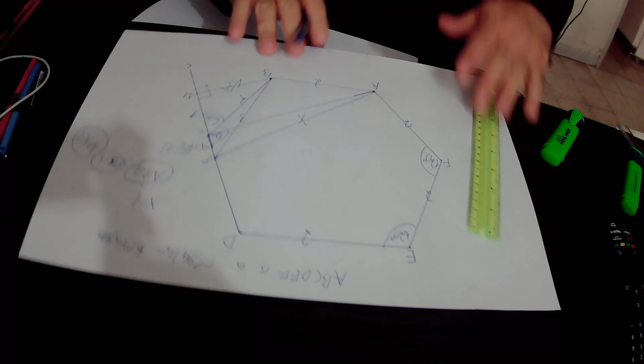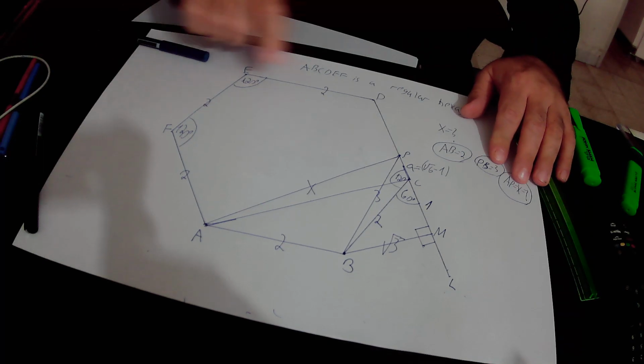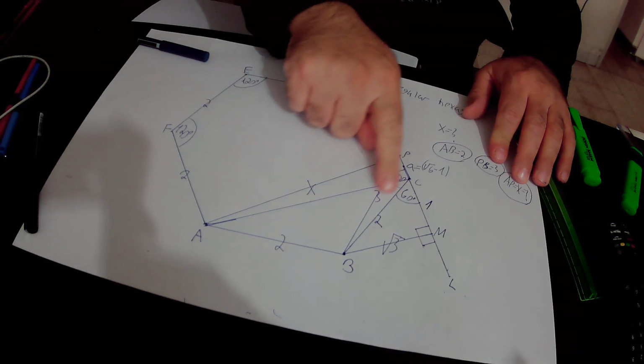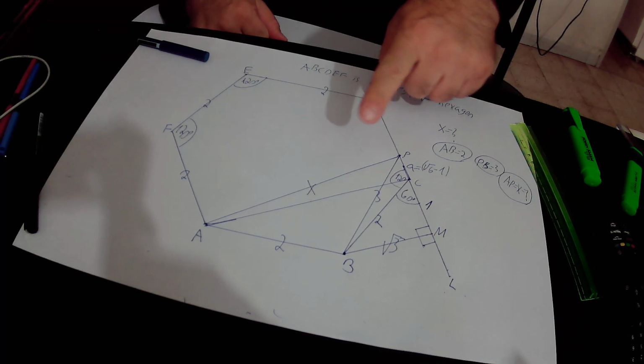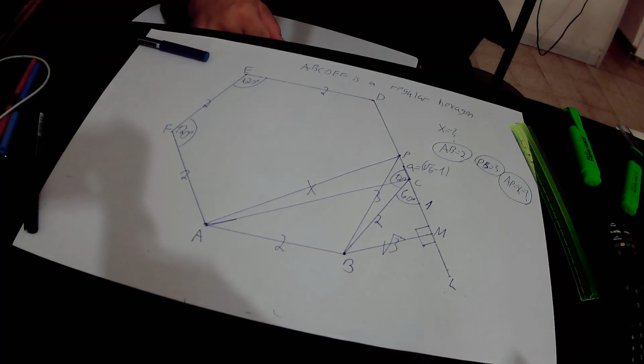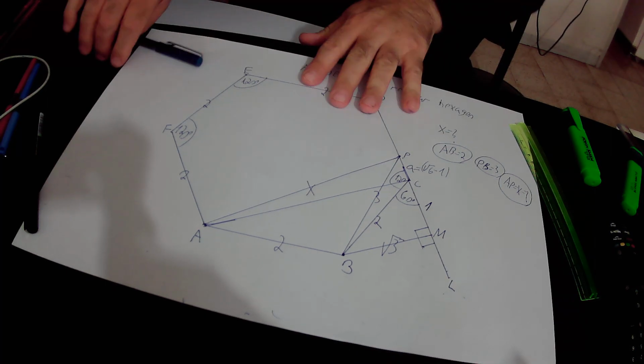This is triangle ABC. So I'll copy triangle ABC and we'll implement the law of cosines in this triangle ABC.